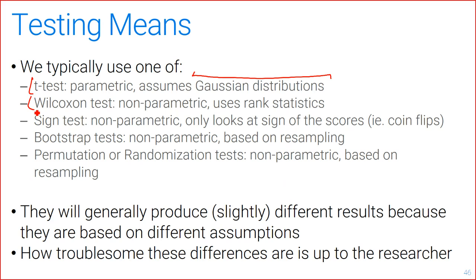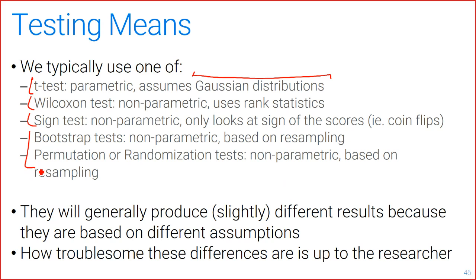So you can, in principle, use it in a larger context. Then we have something called the sign test, which essentially disregards all magnitudes, and it just looks at something like coin flips. So is A better or worse than B across observations, and that's it. And then we have something more advanced I'm not going to talk about, bootstrap and permutation tests. Those are more advanced statistics.